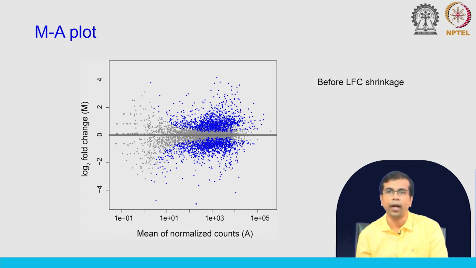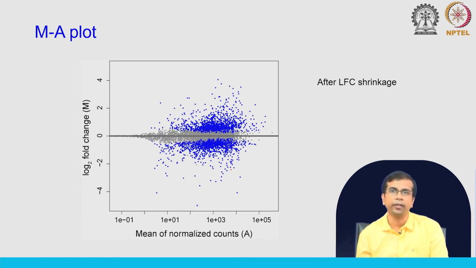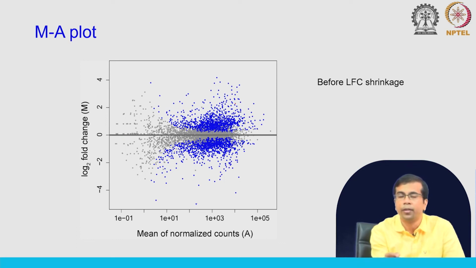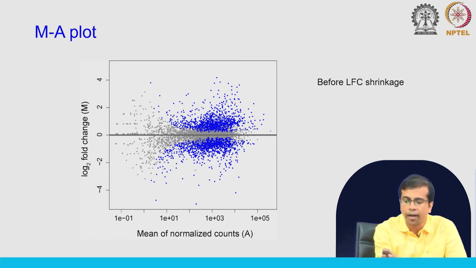So what happens after LFC shrinkage is that the genes that showed very low mean expression or mean count kind of disappear from here, right. One point you probably notice is that we see most of these blue genes only at high mean expression.